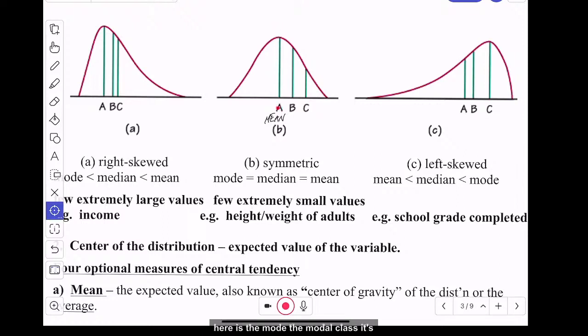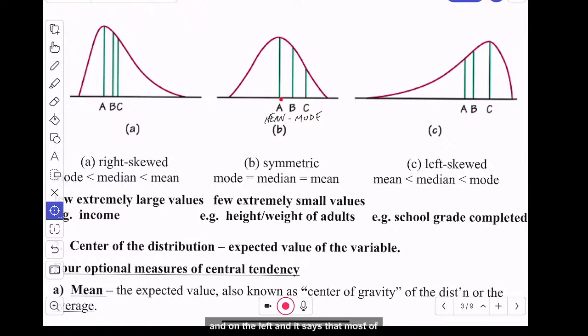Also, here is the mode, the modal class. It's where the most frequent observations occur. The most frequent class is this middle one. So this middle is mirrored on the right and on the left.